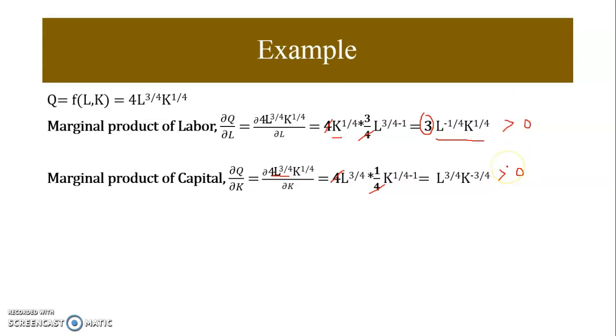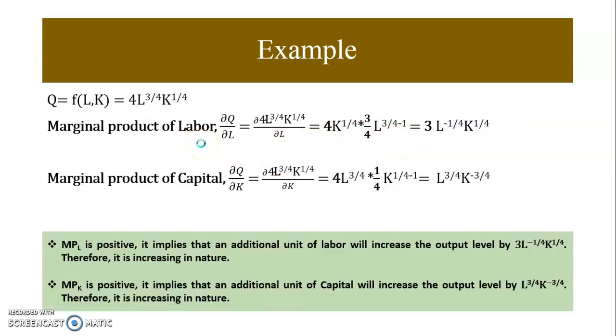So when the marginal product of labor is greater than 0 and capital is also greater than 0, we say that it is implying an increasing nature of this input. That if we increase one additional unit of labor, then our output will also get increased by this MPL.